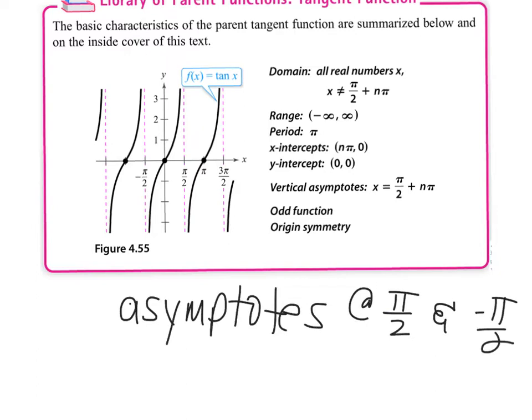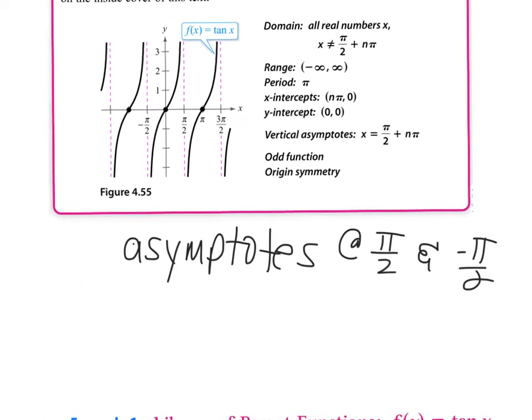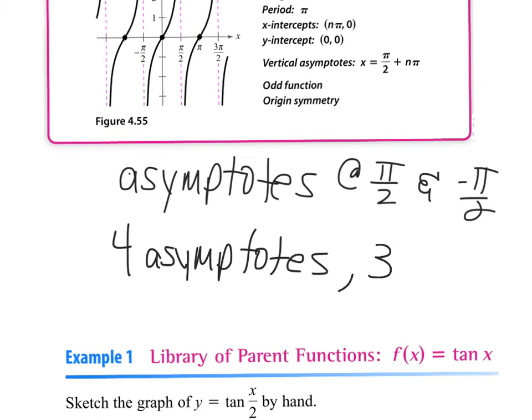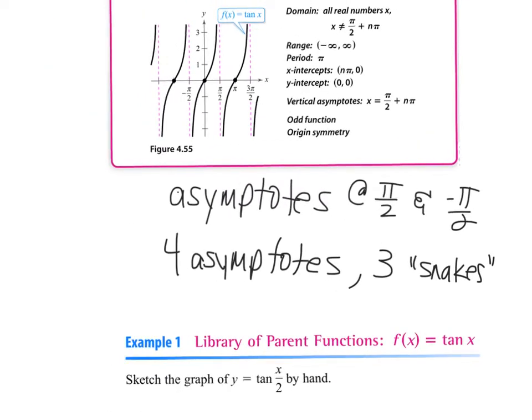That's very important information for you guys to memorize. When you are drawing a tangent graph, you have to have 4 asymptotes. This is what I'm going to look for. And 3, we'll call them snakes. You'll see what I mean by that in a second. Okay, that's what you need to worry about.